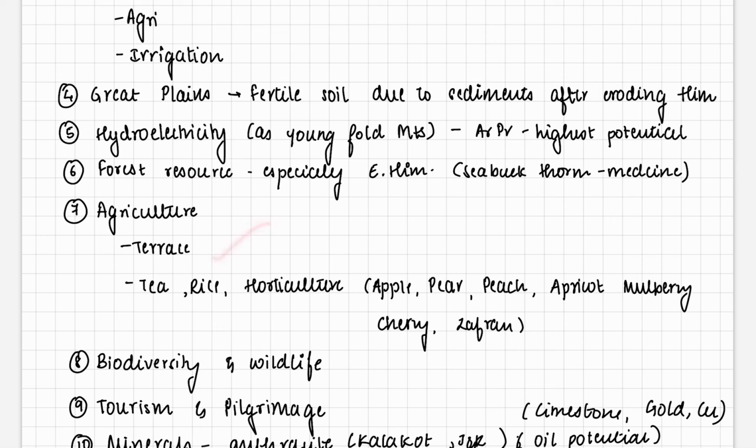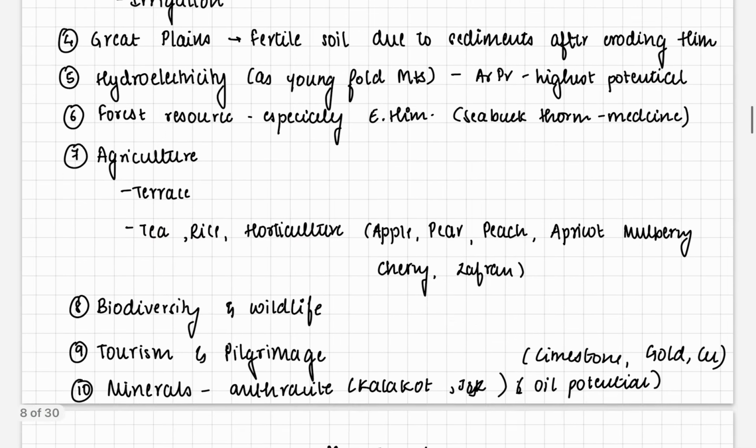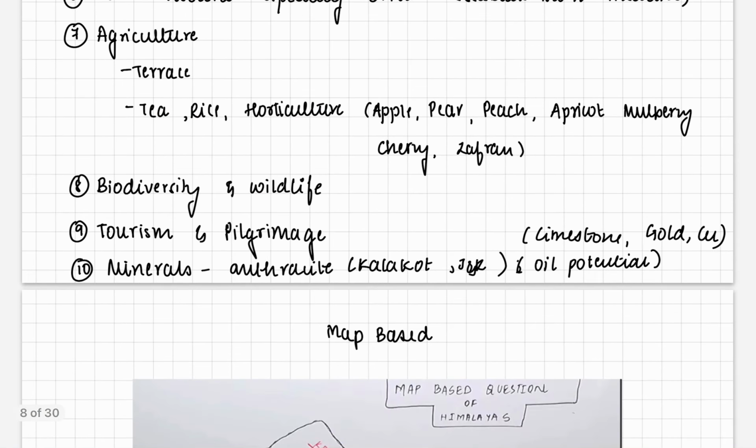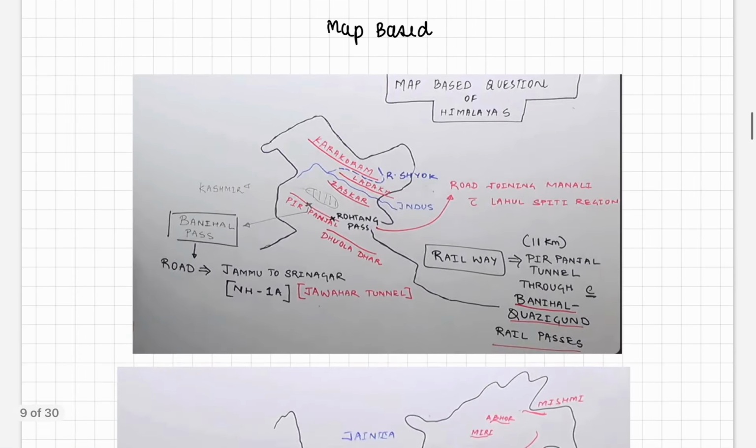Terrace agriculture can be practiced, and plantation of rice, tea and horticulture can be done here. It serves as a biodiversity hotspot and is home to wildlife. Tourist and pilgrimage centers have been developed here. Minerals such as anthracite in the Kalakot region of Jammu and Kashmir, limestone, gold, copper, and there is also potential of oil.